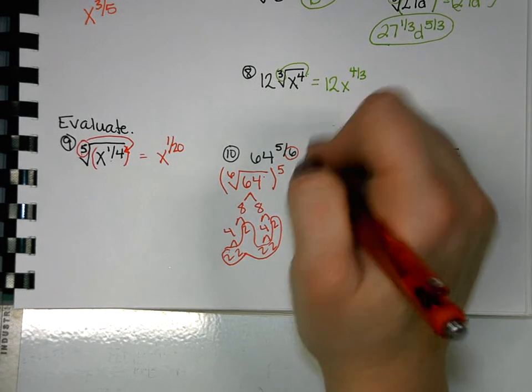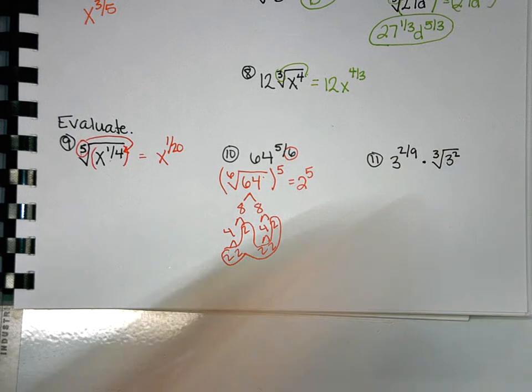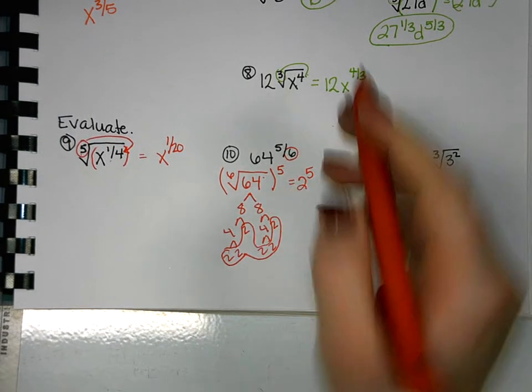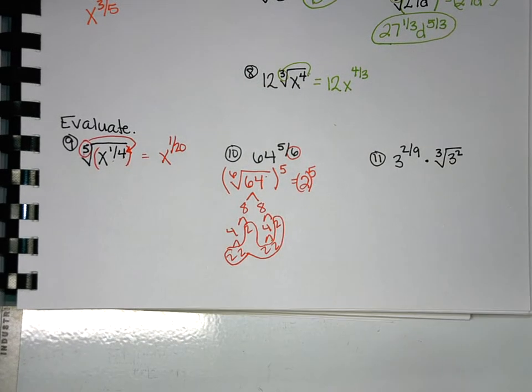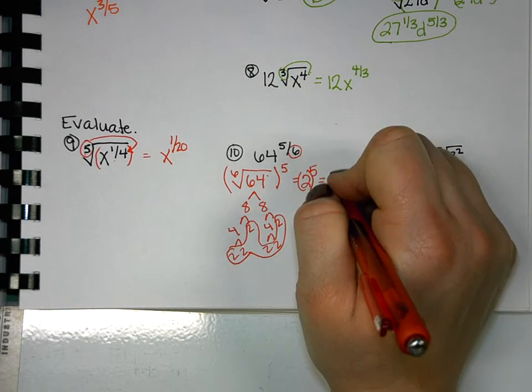So that means I have 2 to the 5th power. Because all of this in here became just 2 when we simplified the 6th root of 64. So what is then 2 to the 5th? 32.